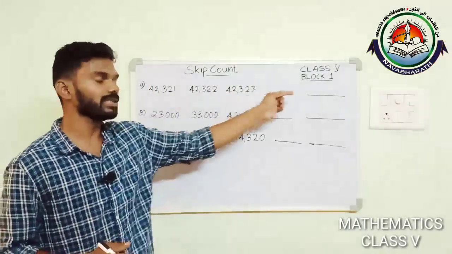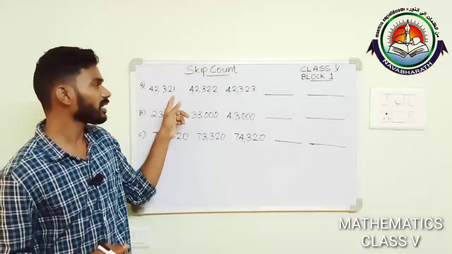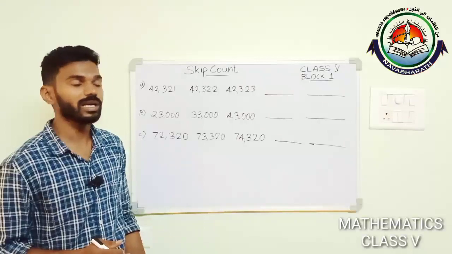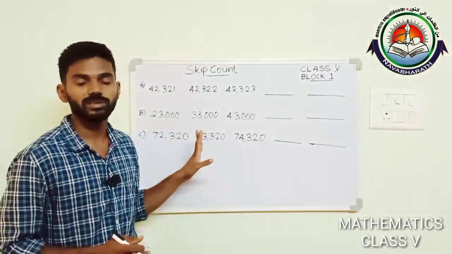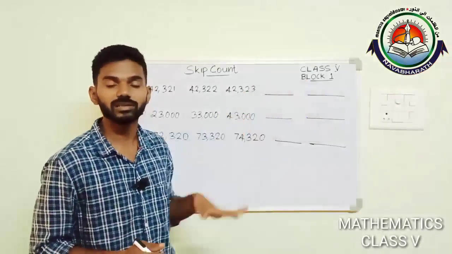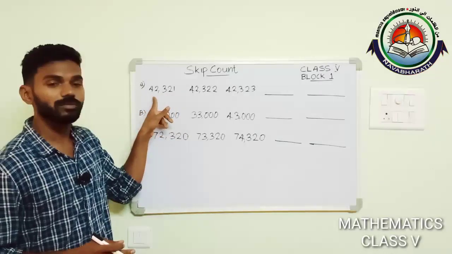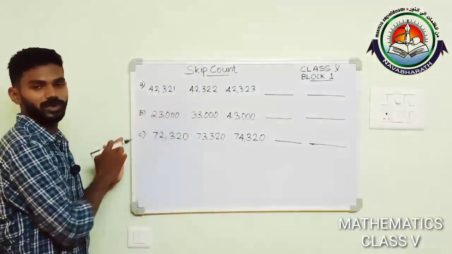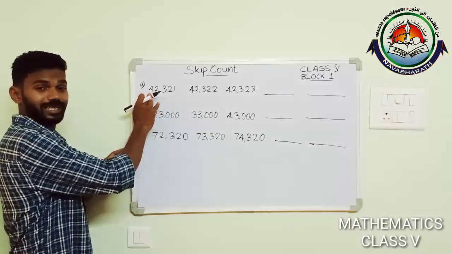Here is a series of numbers given. How many numbers are given? There are 3 numbers given, and you have to complete the next 2 numbers that have to be placed here. Clear? So you have to check from here. Which is the number given here? It is ones, tens, hundreds, thousands, 10,000s.